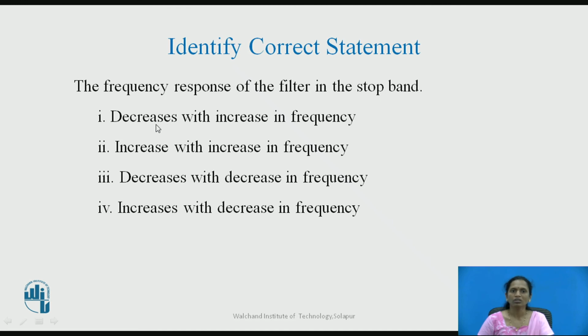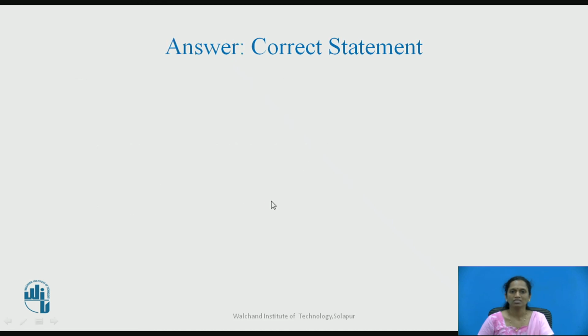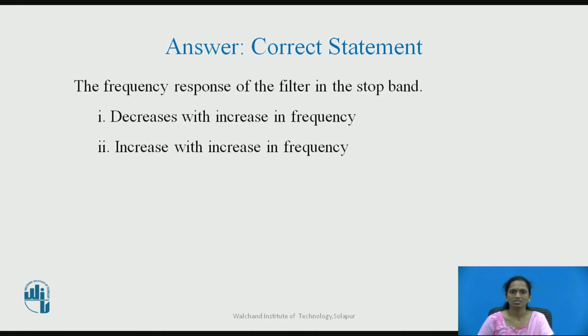Depending on the type of filter, the frequency response in the stop band decreases with an increase in frequency as well as increases with an increase in frequency. So the answer is yes, it decreases with increase in frequency and increases with increase in frequency.